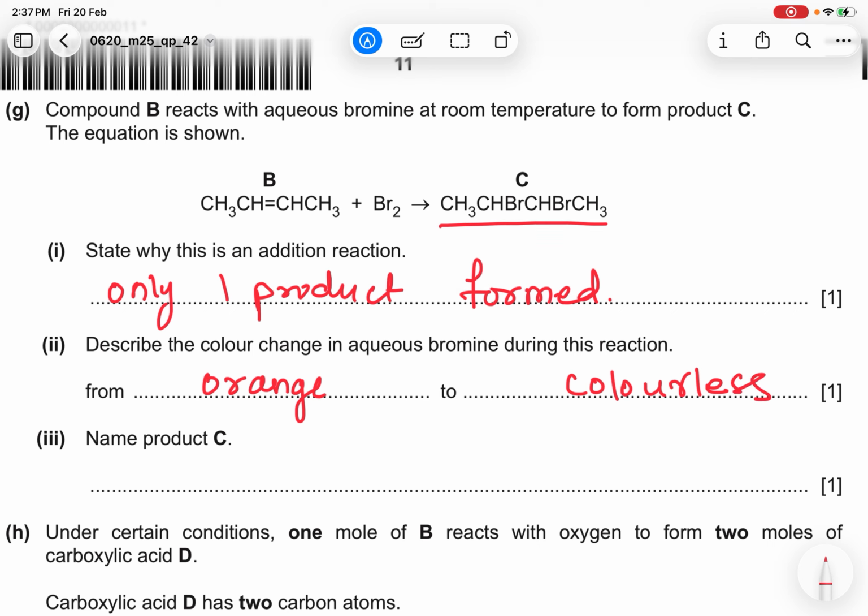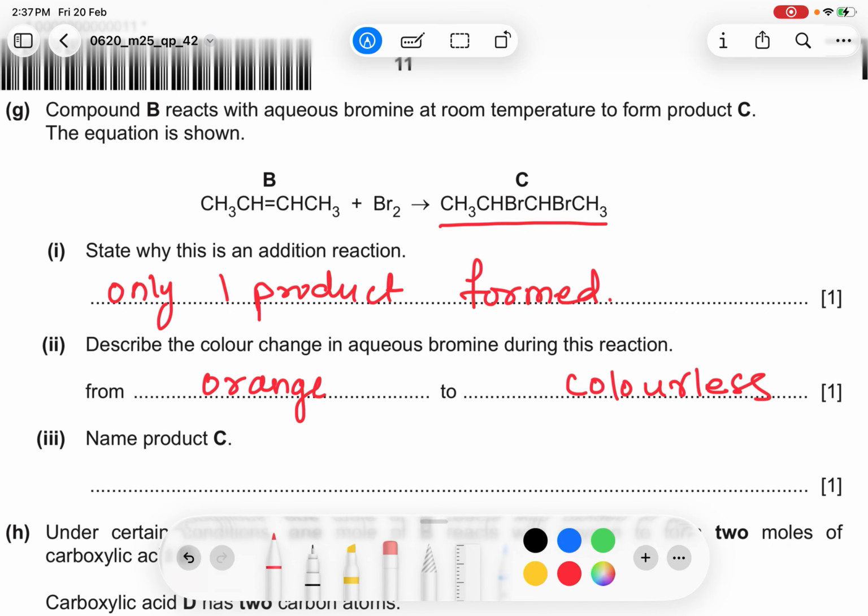Name product C. We are going to name the product C here. So first let us number it. We'll number it from 1, 2, 3, and 4, that is from the right side. We'll also number it from left to right, that is 1, 2, 3, and 4. Now if you see here, when you number it from this end, that is right to left, you get bromine at the second and third positions.